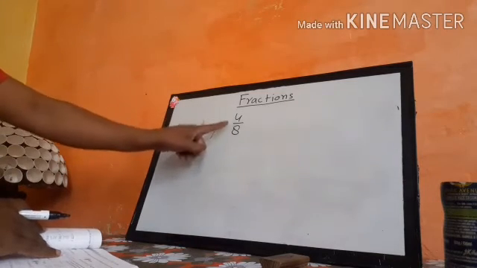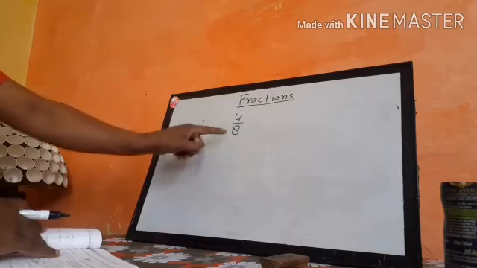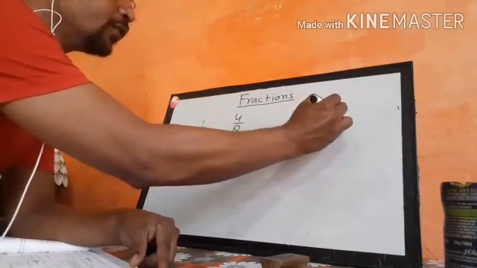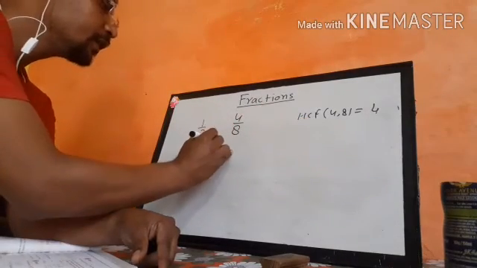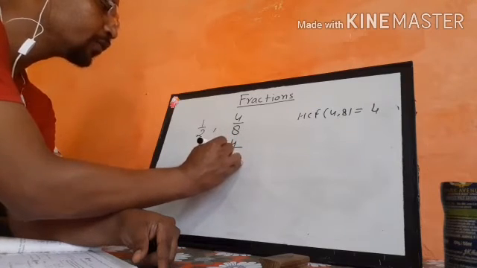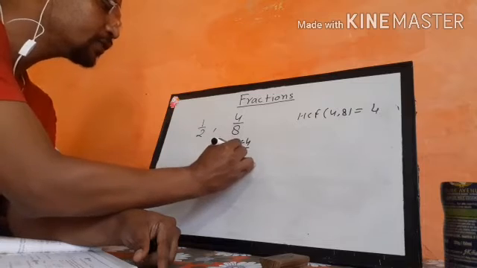It means first we will take the HCF of these two numbers, 4 and 8. So the HCF of 4 and 8 will be 4. So divide the numerator by 4 and the denominator also by 4.